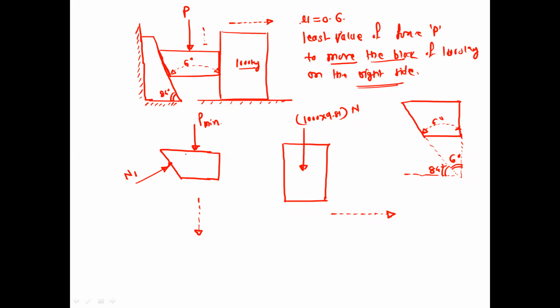Then as the wedge is sliding down, friction force will be opposite. So it will be upward. This angle will be 84. And this friction force will be 0.6 into N1.